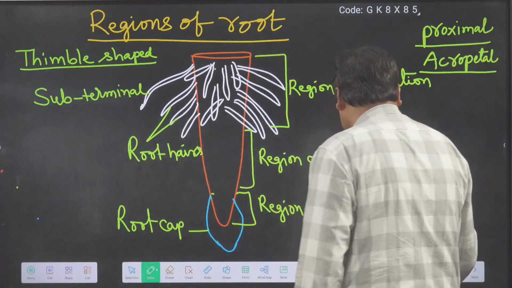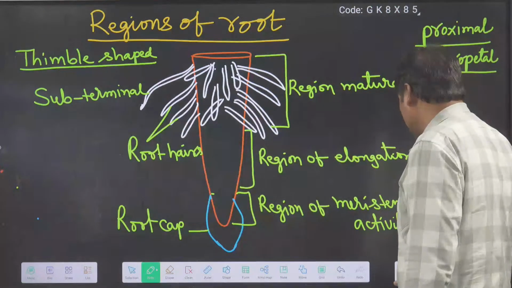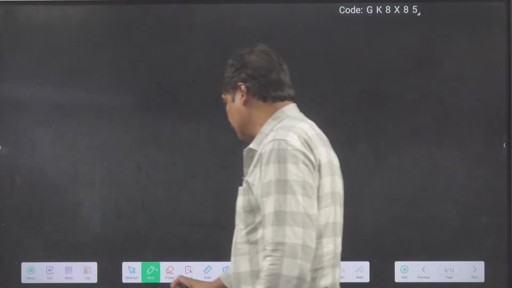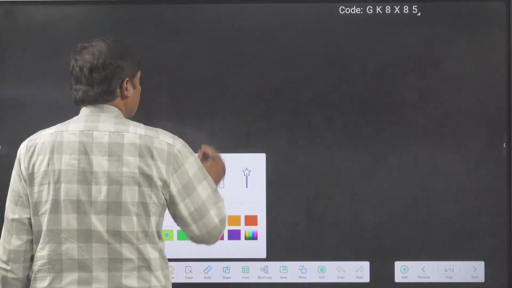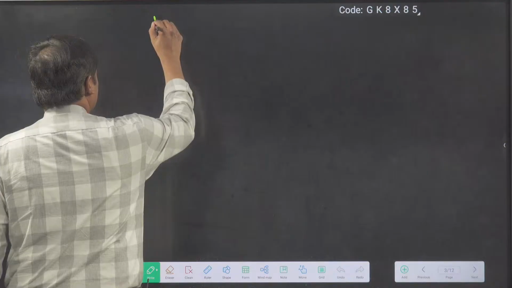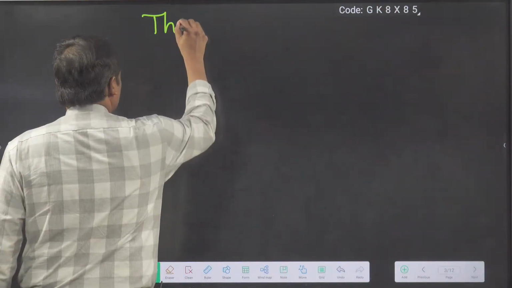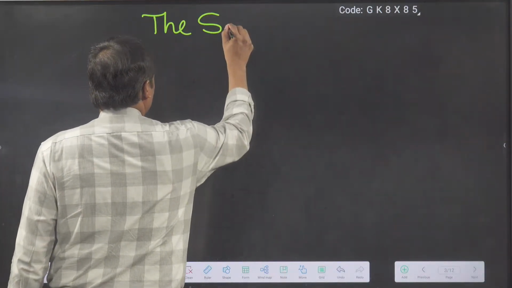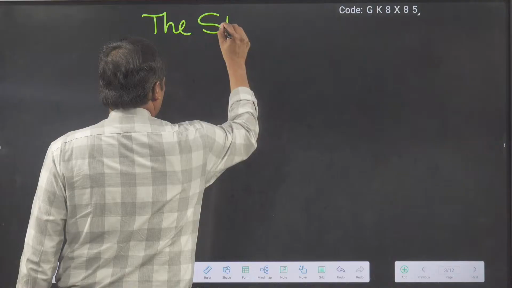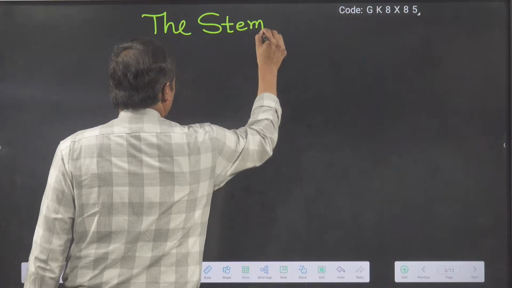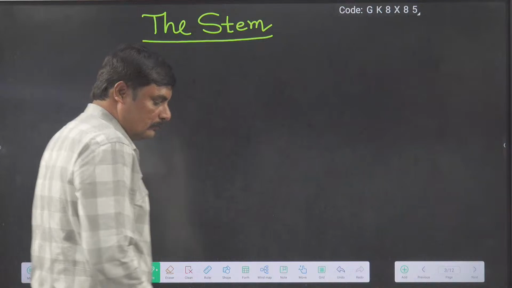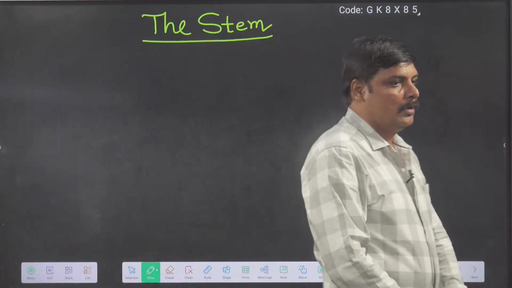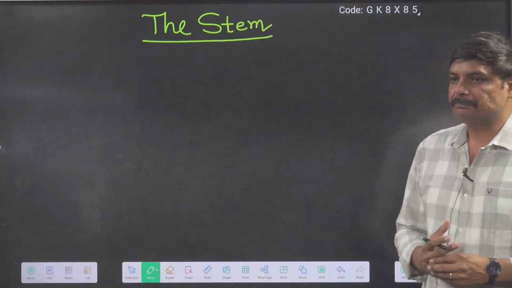Next is the stem. Already I told you some points related to the stem. Once again, we will repeat now. What is the stem?